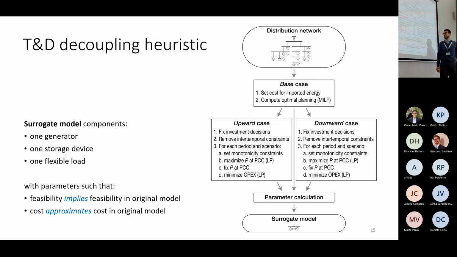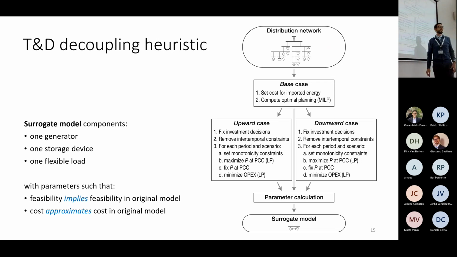And then the surrogate model is built with a simple algebraic calculation of parameters. The goal is to estimate the single period flexibility of the network. One question: what is the difference between upward and downward case?